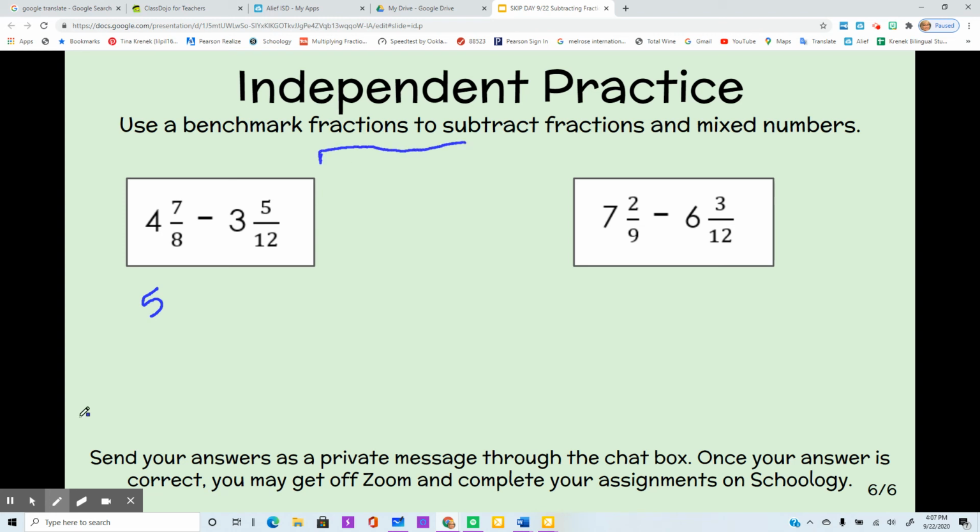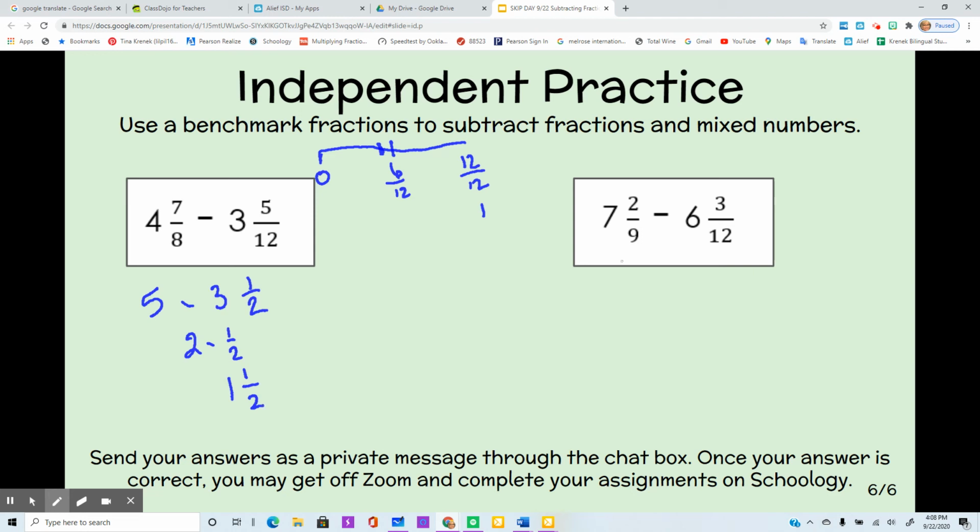So if you drew 12/12, which is one whole, and half of 12/12 is 6/12. And we're right here. So 3 5/12 is almost 3.5. 5 minus 3 is 2, but I still have to subtract the half. So that gives you 1 1/2.